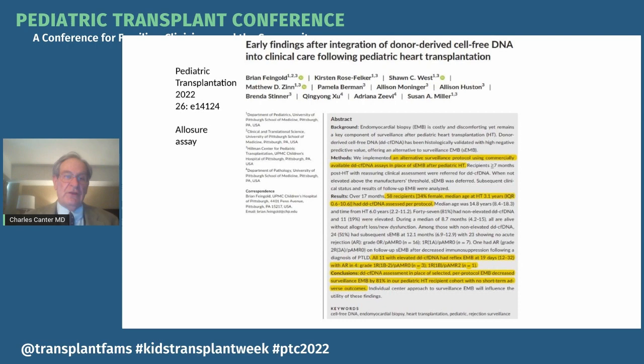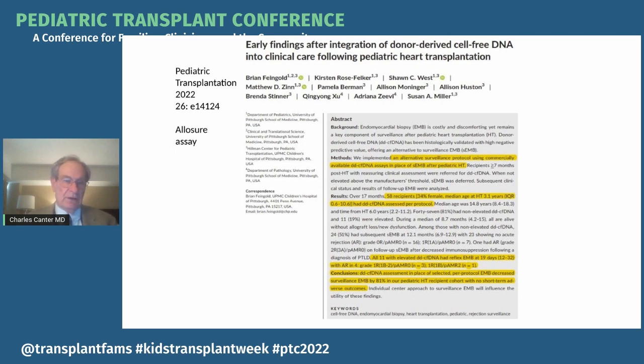So this year, and this was just published a couple of months ago in Pediatric Transplantation, Brian Feingold of the University of Pittsburgh applied AlloSure findings to begin to avoid surveillance biopsies. And you can see as highlighted in the yellow here, he was able to reduce the use of surveillance endomyocardial biopsies in a pediatric population by 83%.